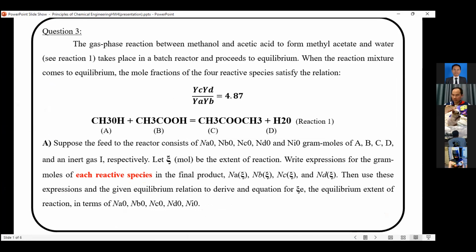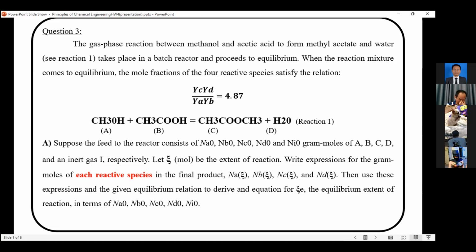So for letter A, we suppose that the feed to the reactor consists of initial moles of A, B, C, D, and I, where I is the inert gas, and we let xi be the extent of reaction.